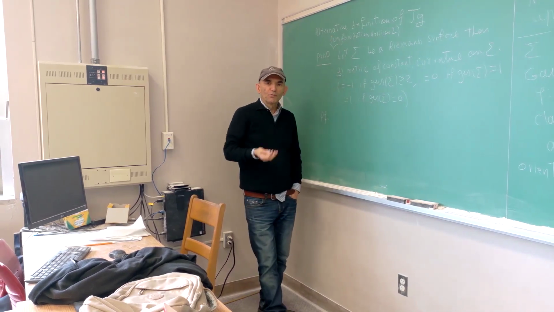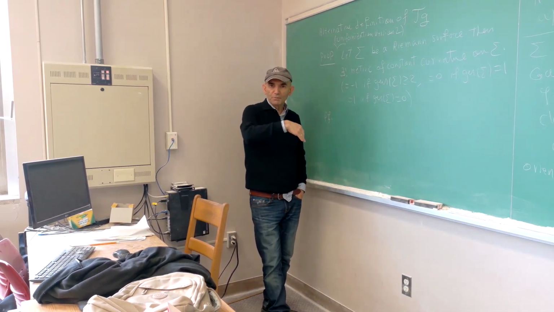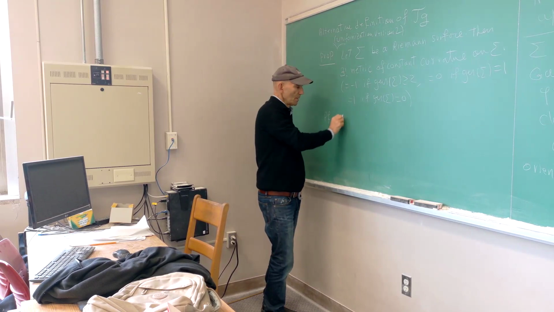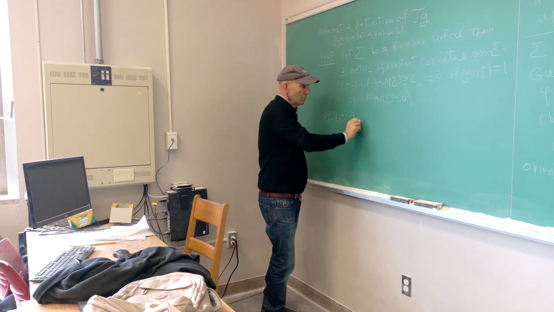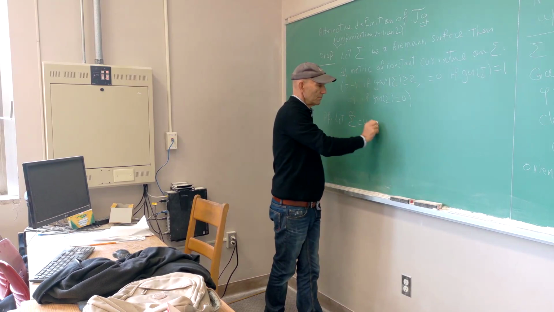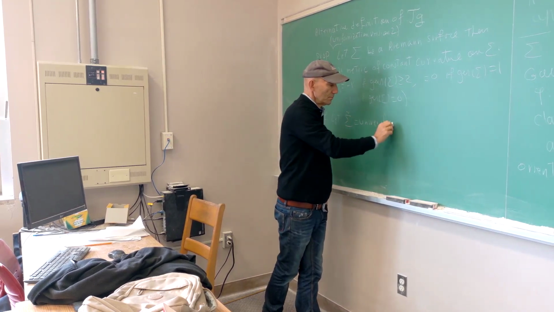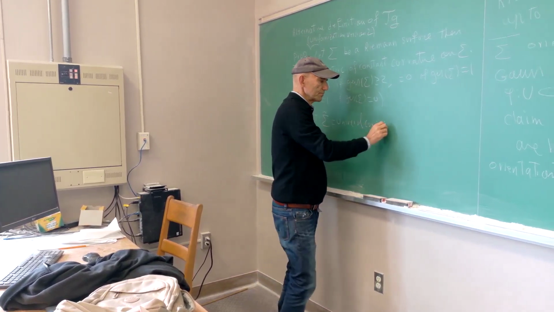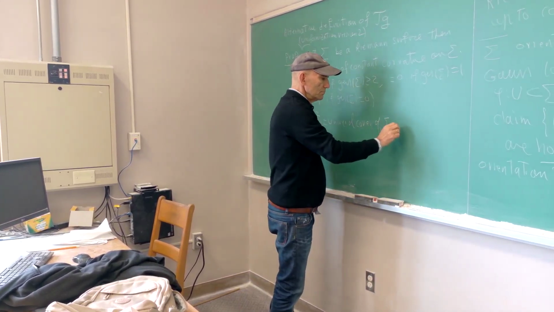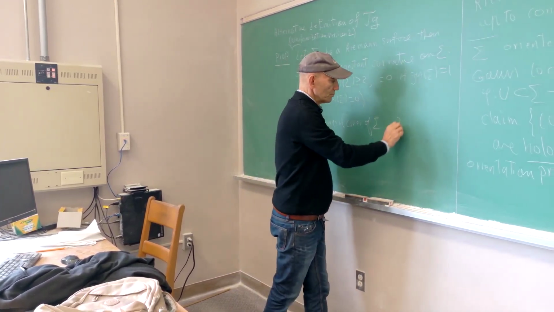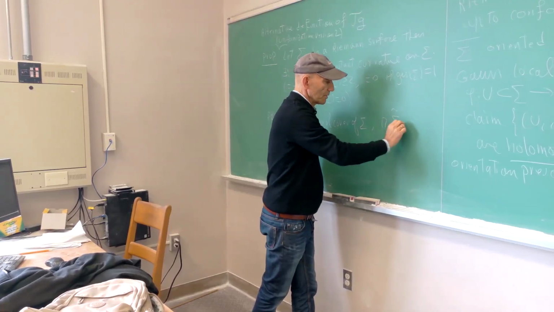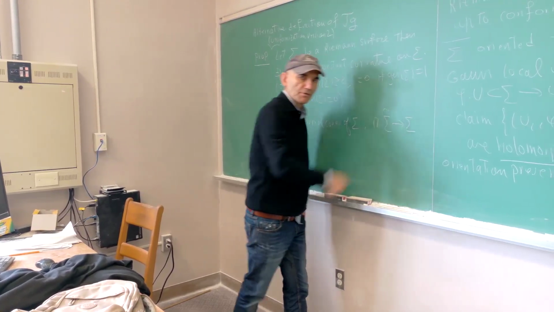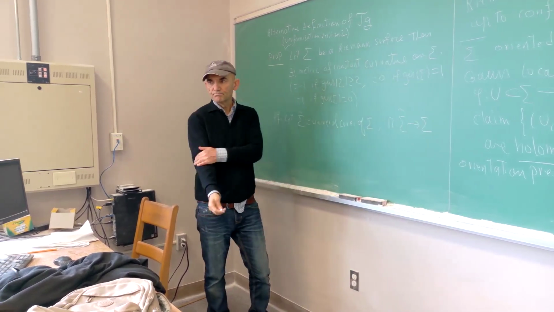So what we do, we just go to the universal cover of sigma. So we have this covering map from the universal cover to sigma. This is the covering map, right?